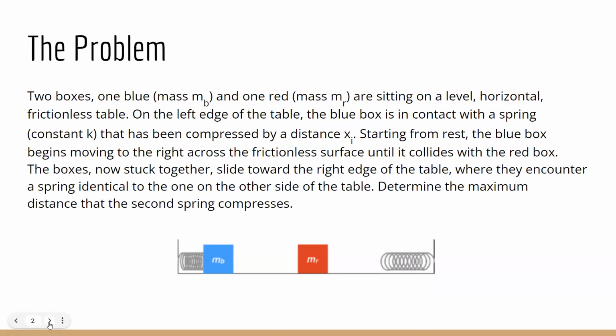Starting from rest, the blue box begins moving to the right across the frictionless surface until it collides with the red box. The boxes, now stuck together, slide towards the right edge of the table where they encounter a spring identical to the one on the other side of the table. Determine the maximum distance that the second spring compresses.